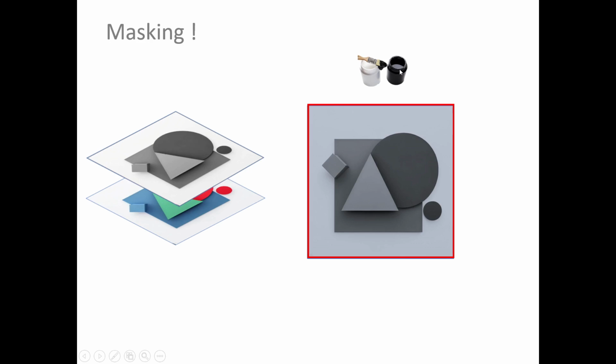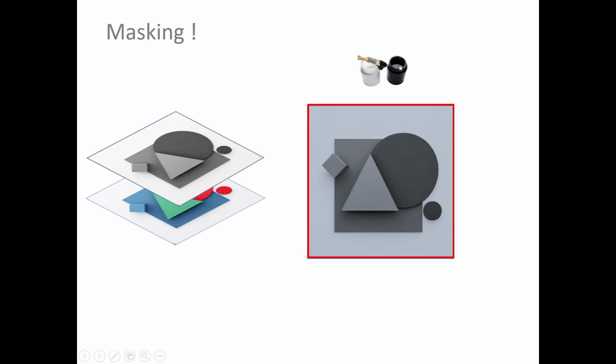Now, the characteristic of this black paint is that any object on this image, when it is painted black, immediately becomes transparent. And once it becomes transparent, the color from the layer underneath starts showing up. And that is how you can selectively colorize one particular part of the image.